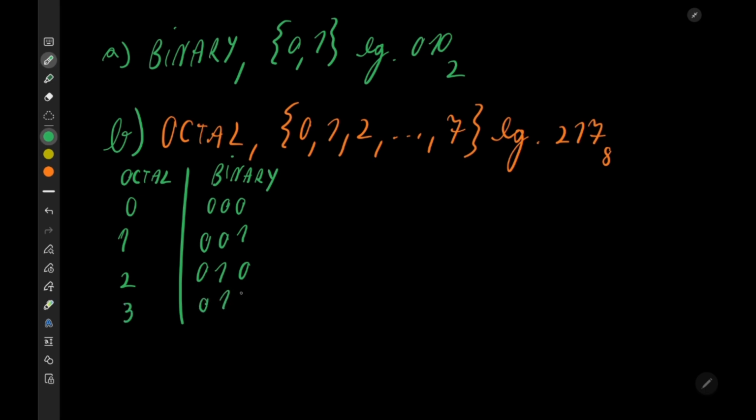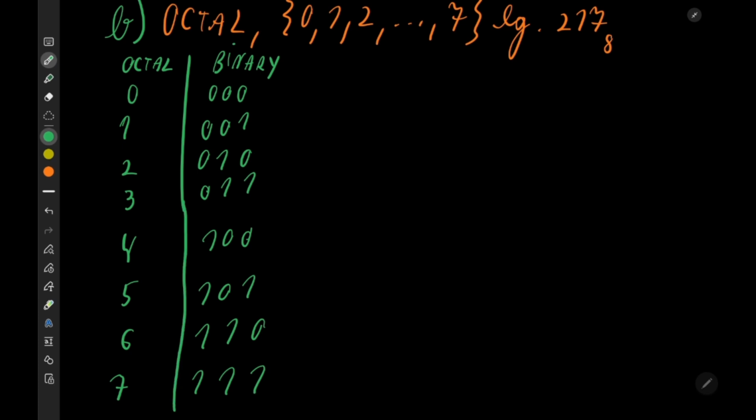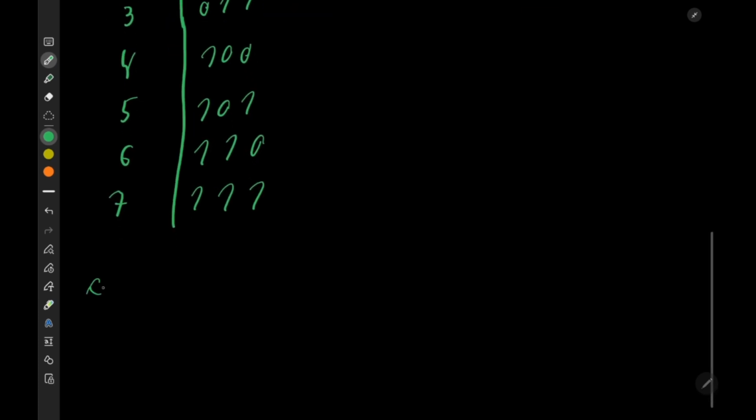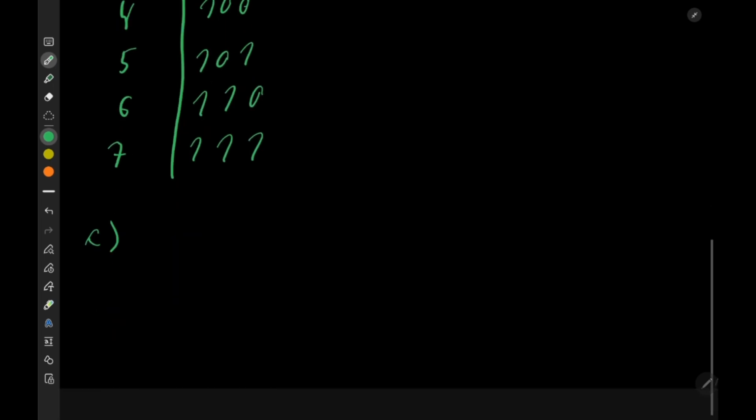But for now, just know this is how it looks like. 4 is 1, 0, 0. 5 is 1, 0, 1. 6 is 1, 1, 0. And 7 is 1, 1, 1. So this is how we write octal numbers in binary.